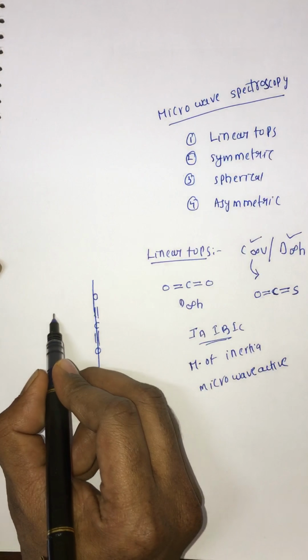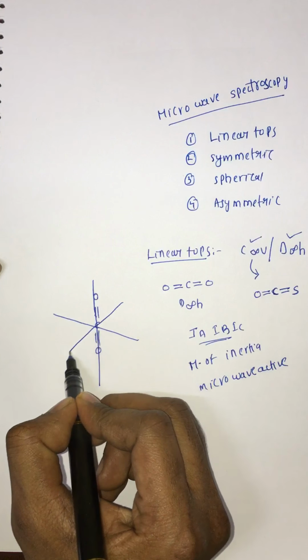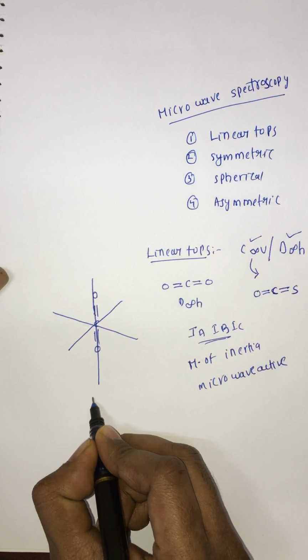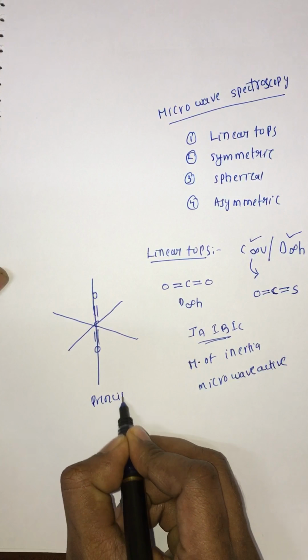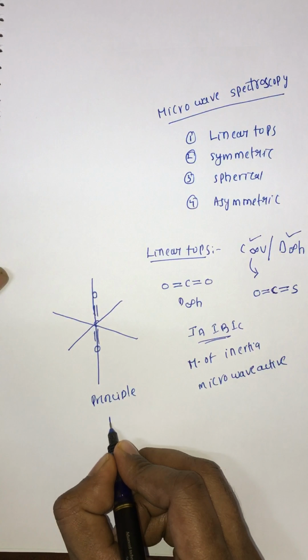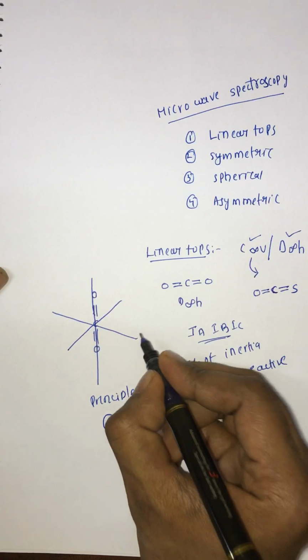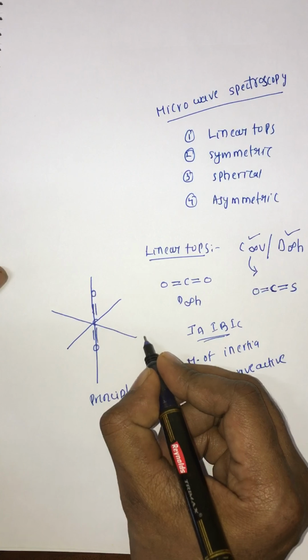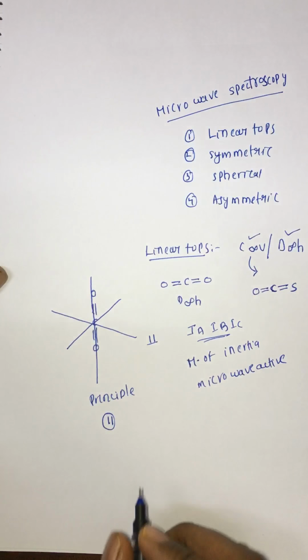This is one axis, second axis, third axis. This is the principal axis, which we call the parallel axis, and the others are perpendicular to the principal axis, so we call them perpendicular axes.